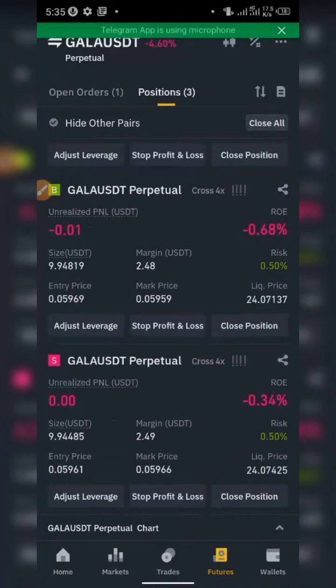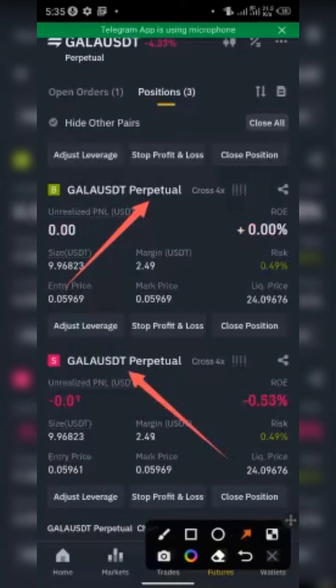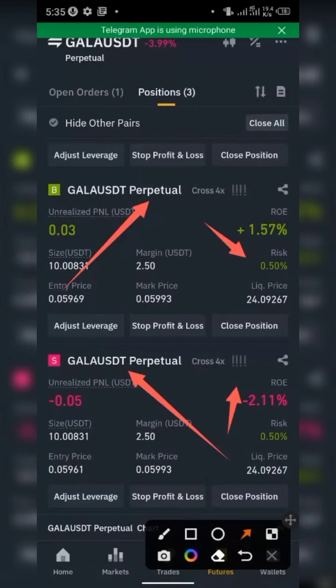We have Gala long, then Gala short. And you can see the unrealized profit and loss is moving simultaneously. With this, the liquidation prices are almost the same, meaning when you are here, you will never get liquidated. So with hedge mode, you have a place to trade on the same asset but in different directions.